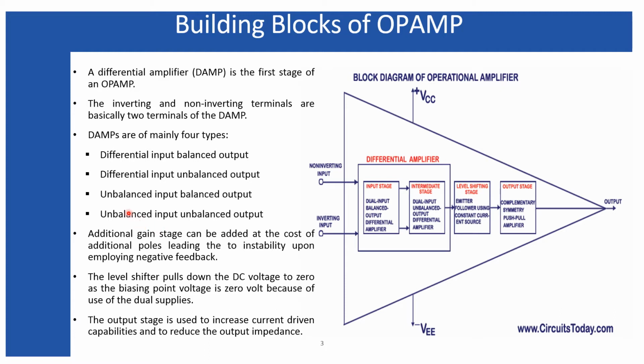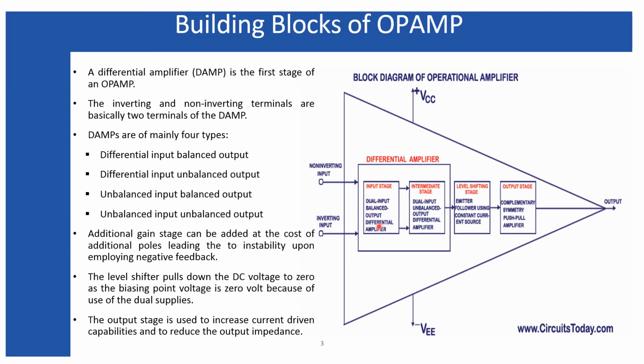Out of these four, the last one you can achieve by grounding one of its two terminals, and these last ones are not of so much importance, but this first one we generally use for the operational amplifier.